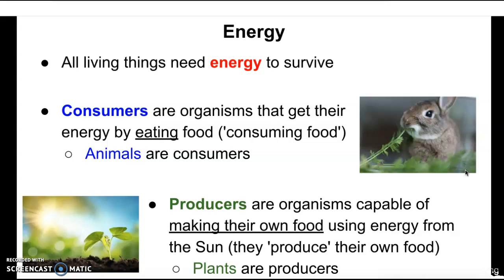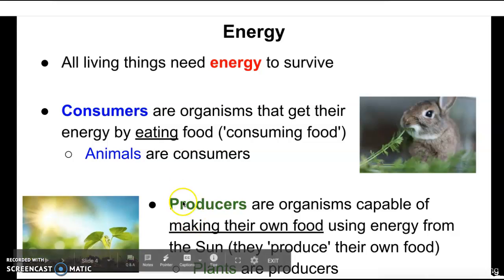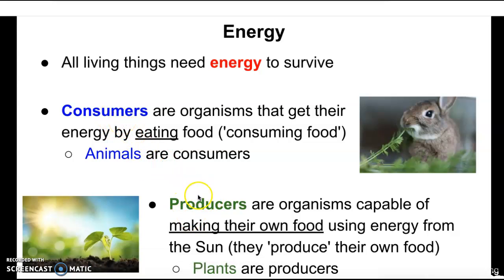Plants are made up of cells, like all living things are made up of cells, and cells need food, they need sugar to survive. Plants can create this sugar themselves using sunlight. Animals can't. Animals have to get their sugar from eating things that have sugar in it. So those are the first two words to learn from this lesson: consumers and producers.